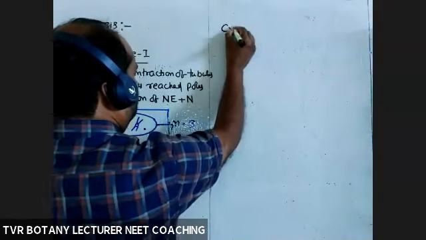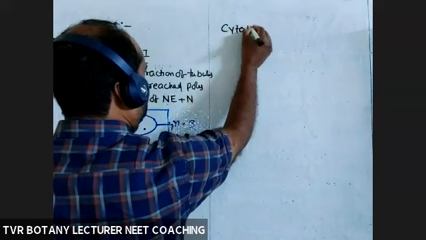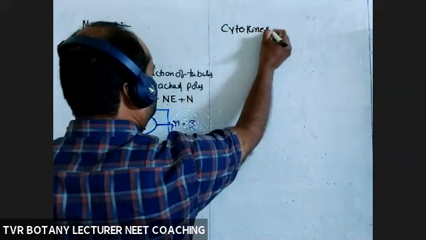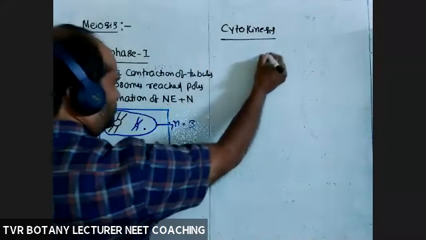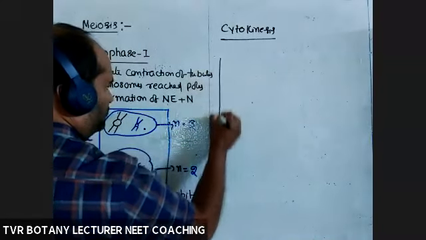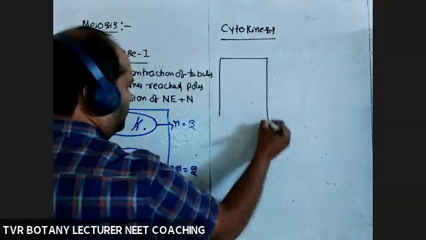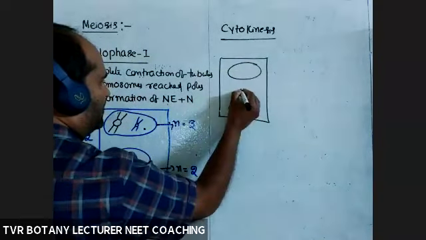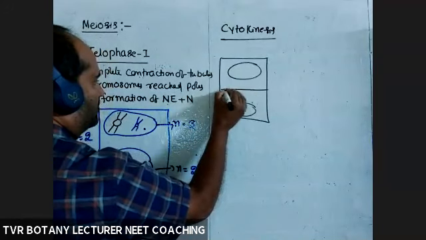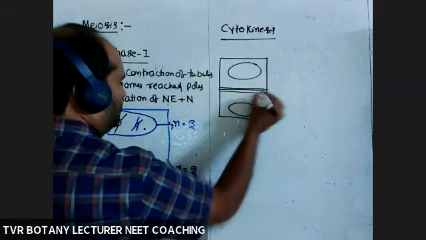Now, last one of this, cytokinesis. So what about the cytokinesis? 2 ways we can discuss. One in the case of plants. Same method, cell plate method, copy paste from mitosis.